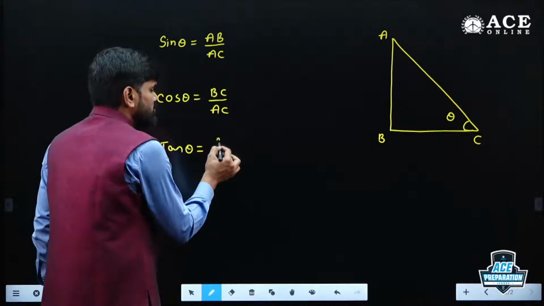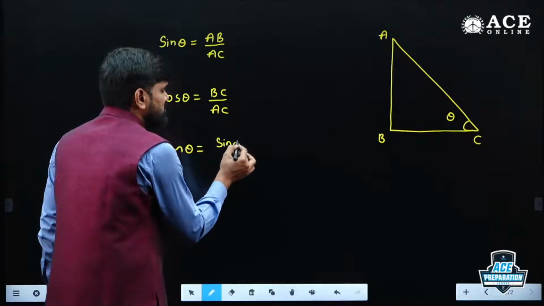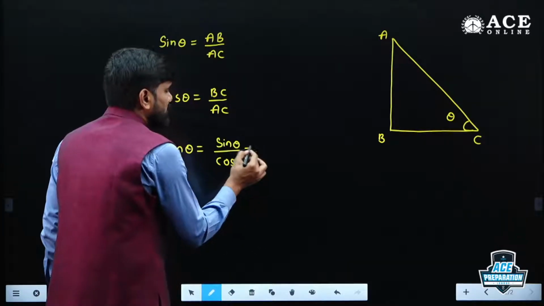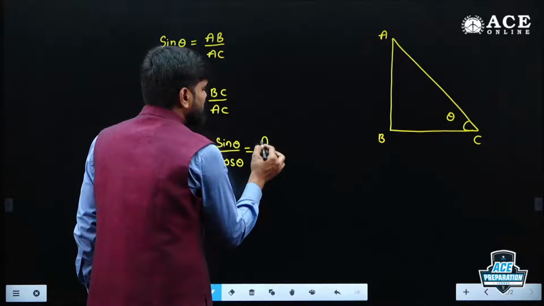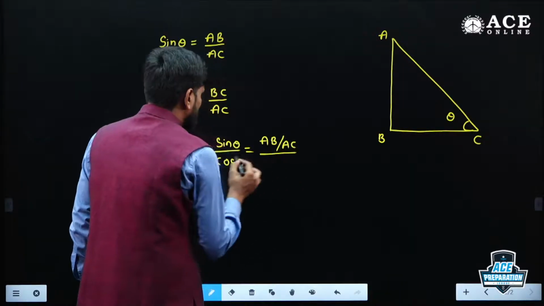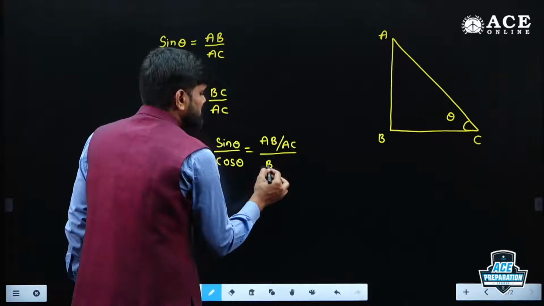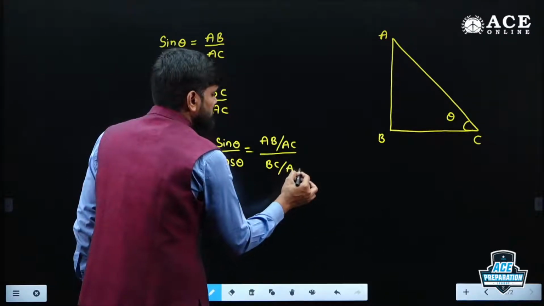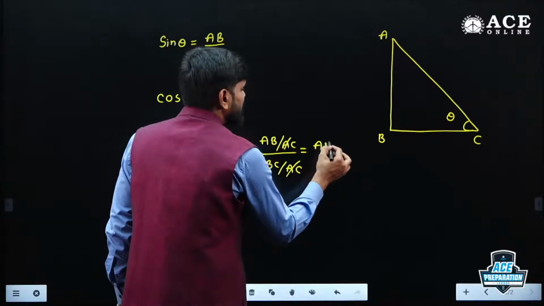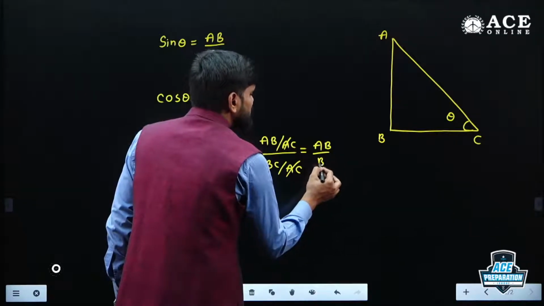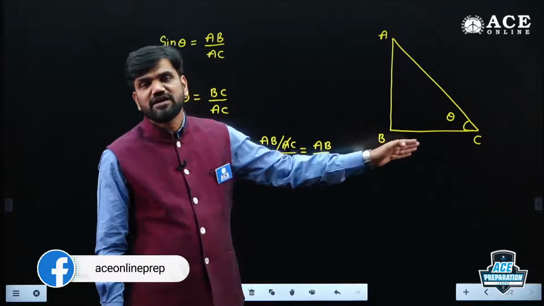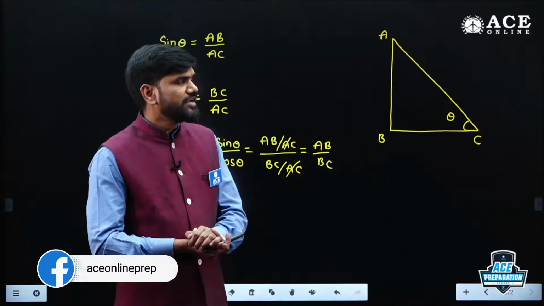Tan theta is equal to sin theta by cos theta, which is AB by AC divided by BC by AC. Here AC gets cancelled, we are left with AB by BC, which is nothing but opposite side by adjacent side, right?